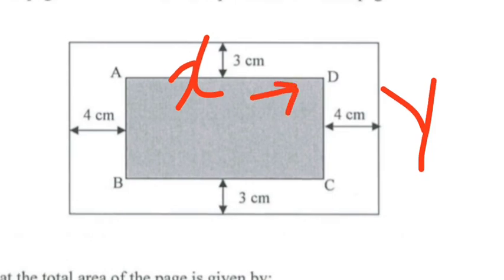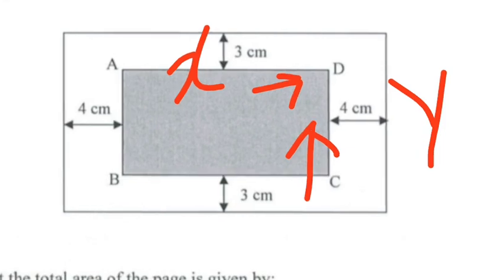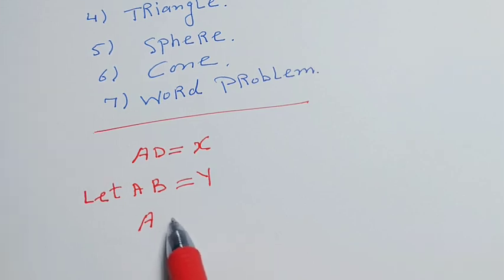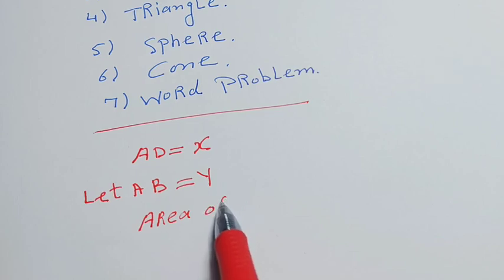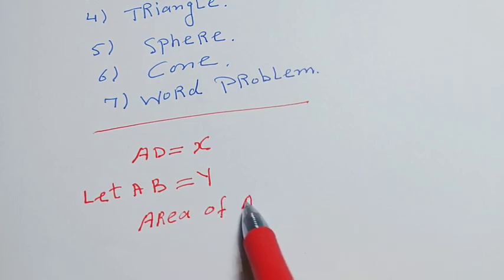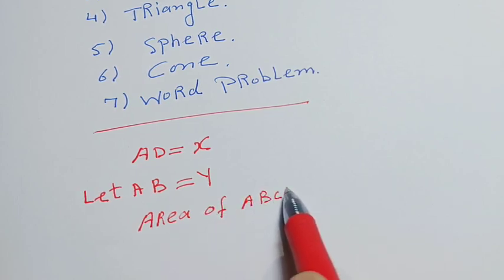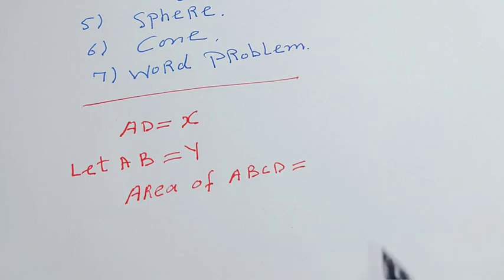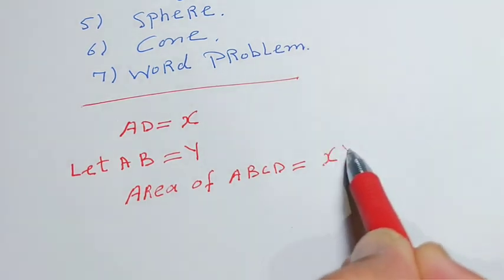This horizontal is the breadth, and this vertical is the height. So the horizontal is x, the vertical is y. Area of rectangle ABCD, which is the shaded area, is equal to length times breadth, which means x multiplied by y.